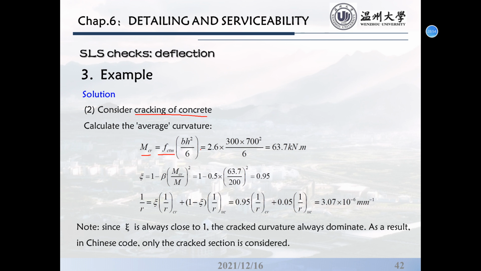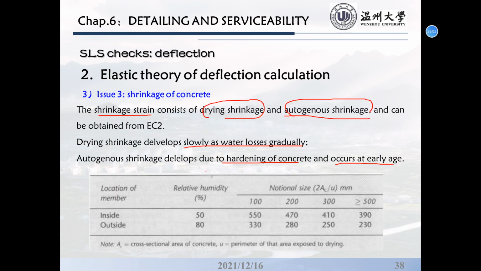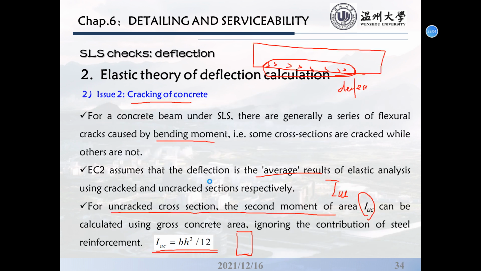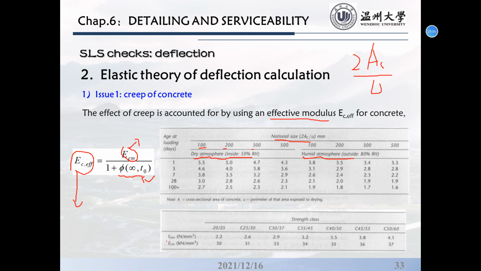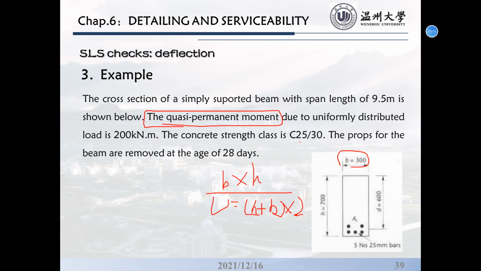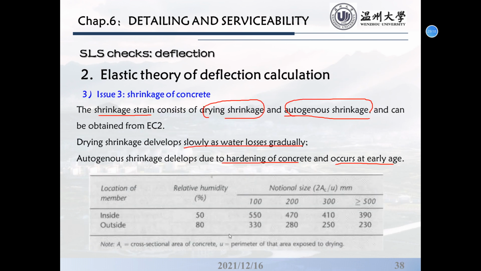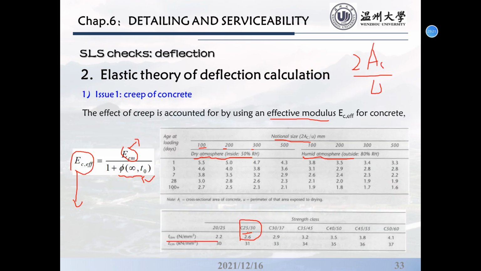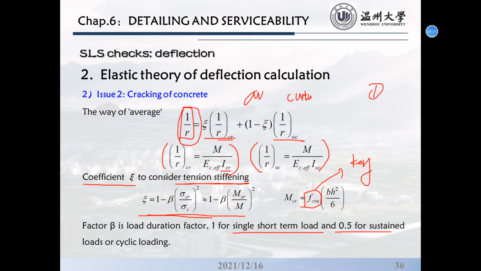The fctm, this one, 2.6. How to get these values? So go back to here. To read here, fct, strength class, for concrete belonging to this one. Yes, concrete strength belongs to this one. And here, for these values, we get 2.8, right?